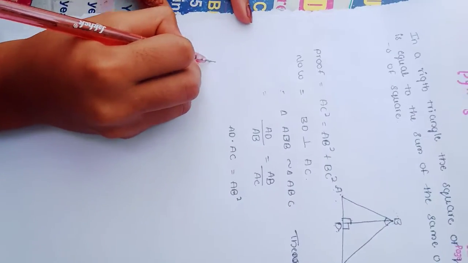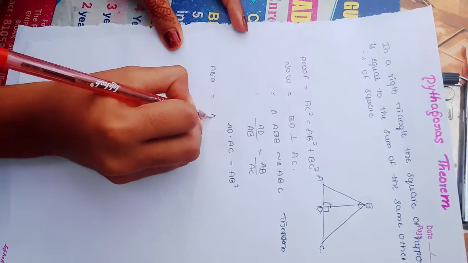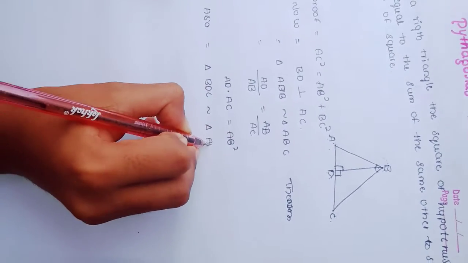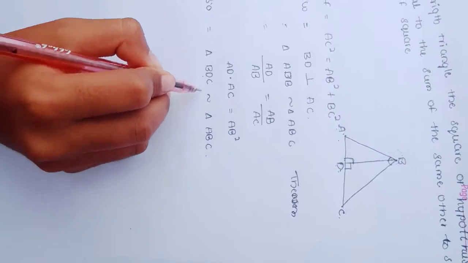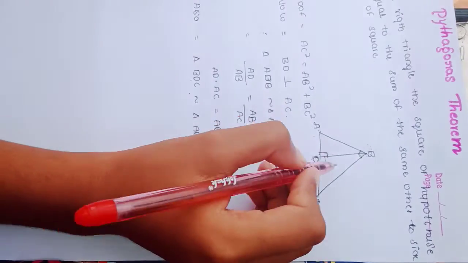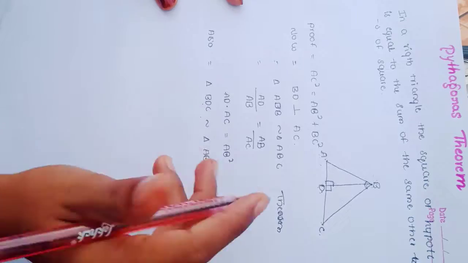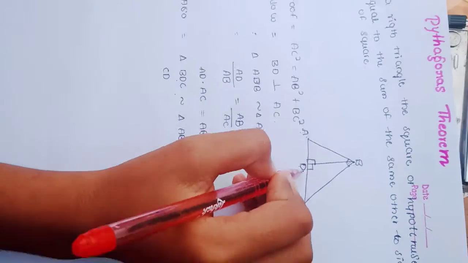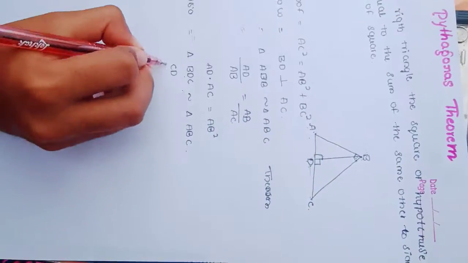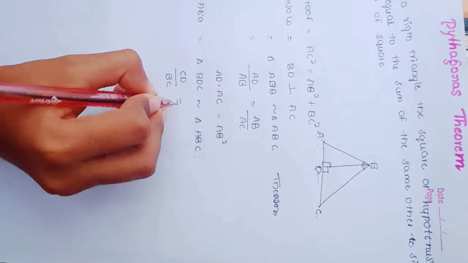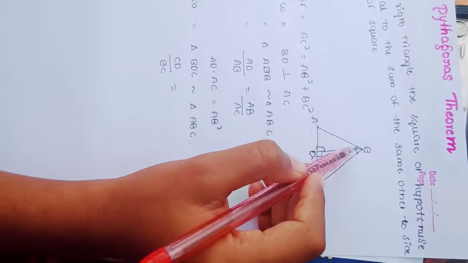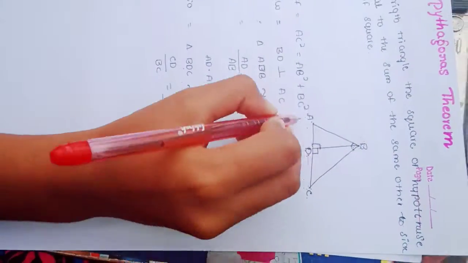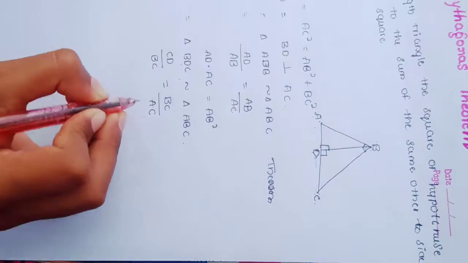And also triangle BDC is similar to triangle ABC. In triangle BDC, we get two sides. One is CD, the base of this triangle, and its hypotenuse is BC, equal to the ratio in ABC, where the base side is BC and the hypotenuse is AC.